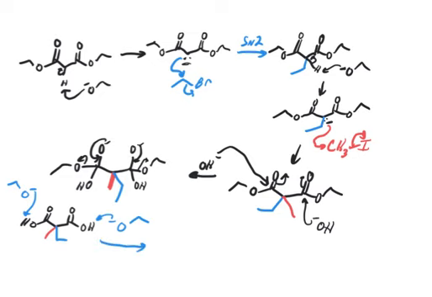And that's going to give me the dicarboxylate, which is going to be the dianion here. And methyl and ethyl. Treatment with acid gives the dicarboxylic acid, which is going to look something like this.